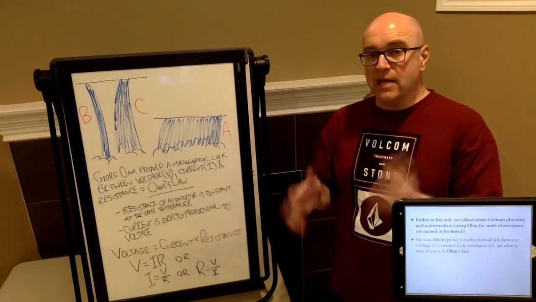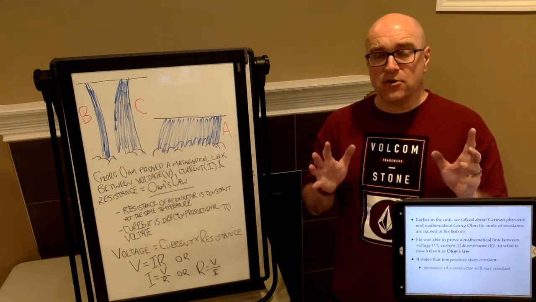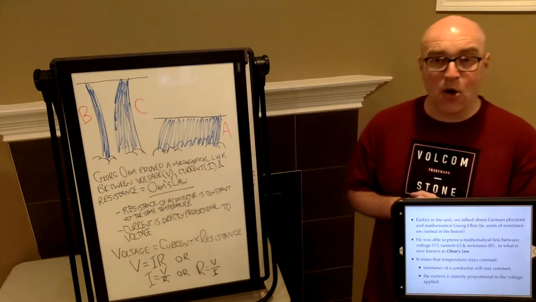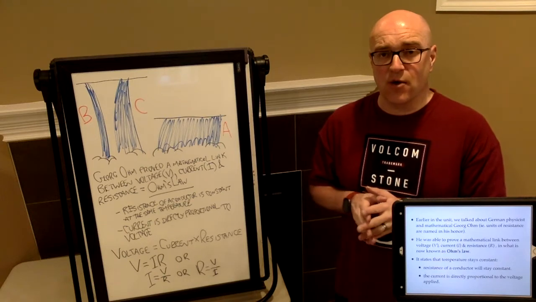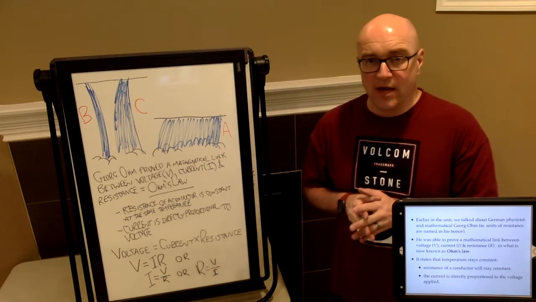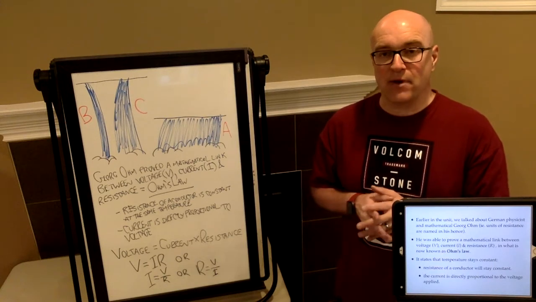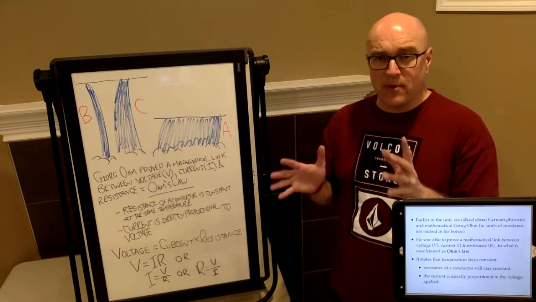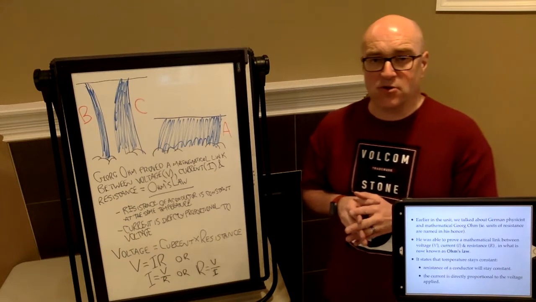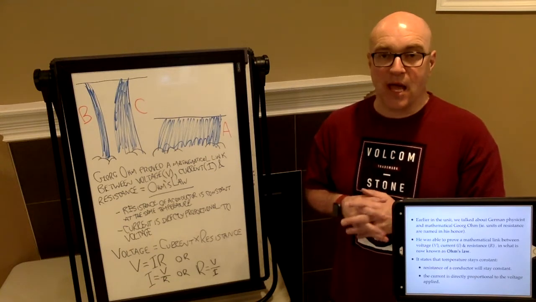Okay, let's get back to a scientist who I introduced you to in the last video, Georg Ohm, who was a famous German physicist who did a lot of work on Volta's voltaic pile, the first battery ever invented in 1799. He did a lot of experimentation early on in the years of electrochemical science, or electrochemistry.